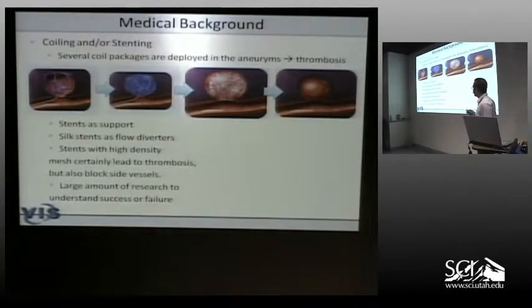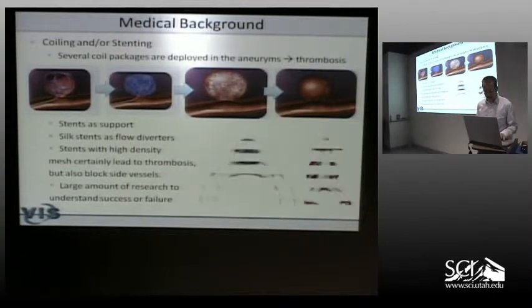Stents are used via frames, either as support, but also as an isolated treatment option. Actually, the neuroradiologists say they would like to avoid the coiling at all. They would like to use only stents. One of the complications which occur with coiling is that sometimes the coil does not stay at this position. It is removed, and then of course it cannot help.